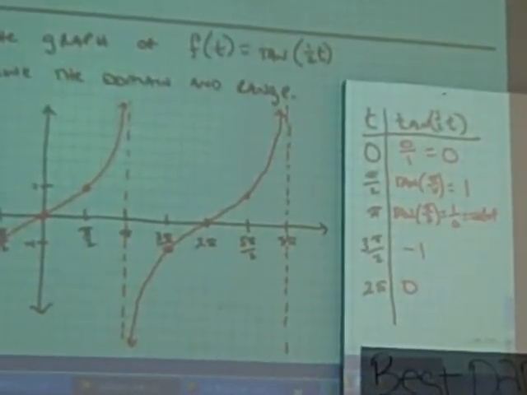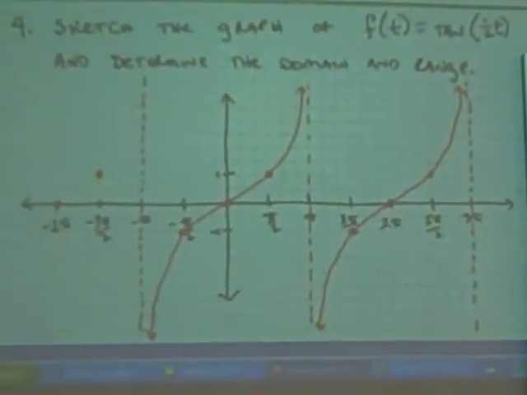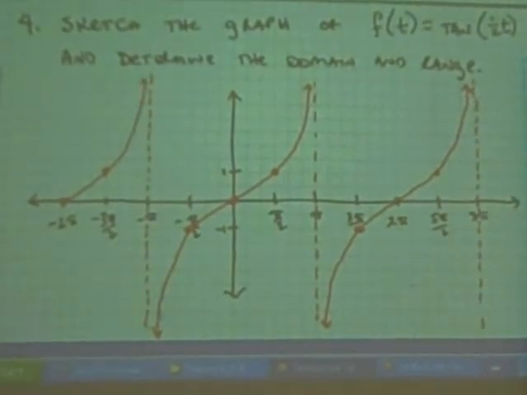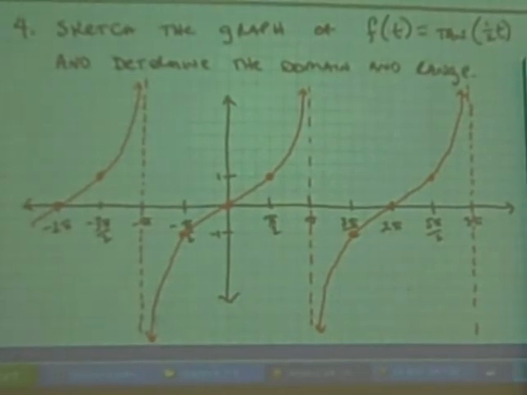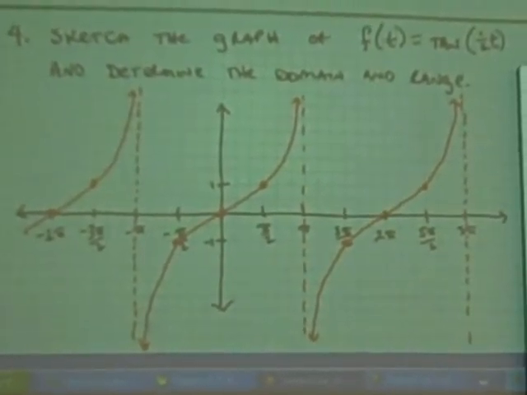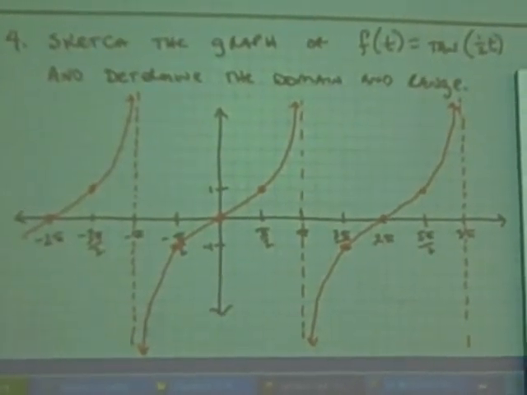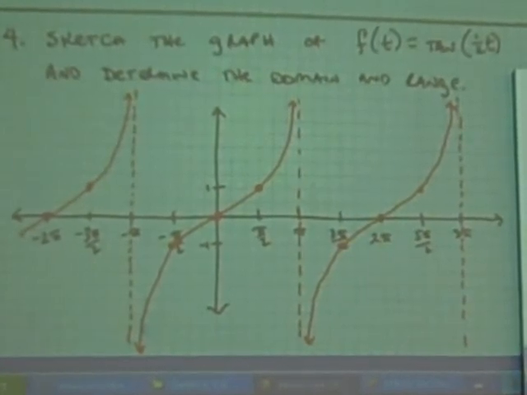It's going to be positive 1, because this cycle is just going to repeat over and over again, correct? Where would my next asymptote going to the left be? At negative 3 pi. With me on this? Once you get one period of this, the rest of the graph's easy.